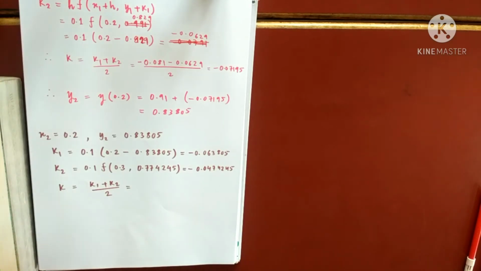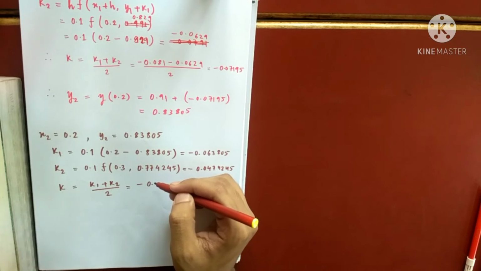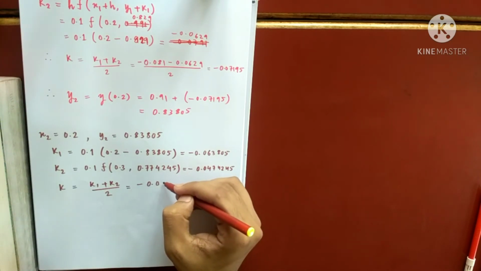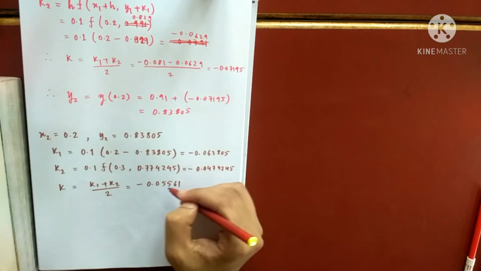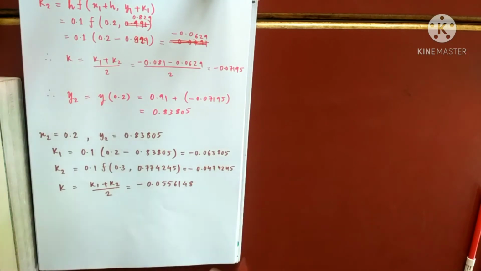We'll take up to 6 decimal places. That will work, 6 or 7 decimal places, because we have to go up to 5 decimal places. 0.556148.